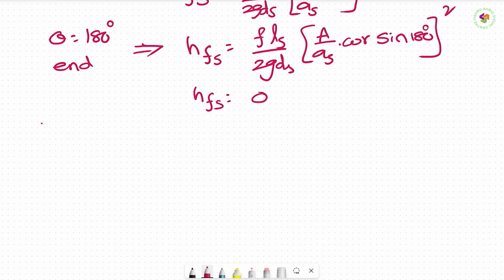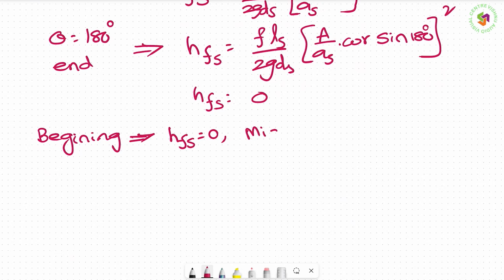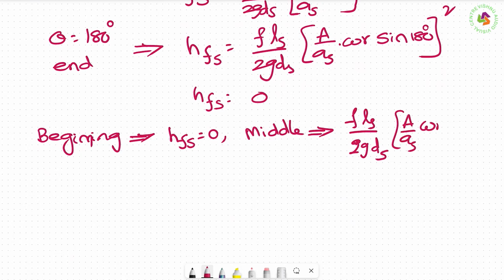So the final conclusion is: at the beginning, hfs is equal to 0. At the middle, hfs is equal to f ls by 2 g ds into A by as omega r whole square.